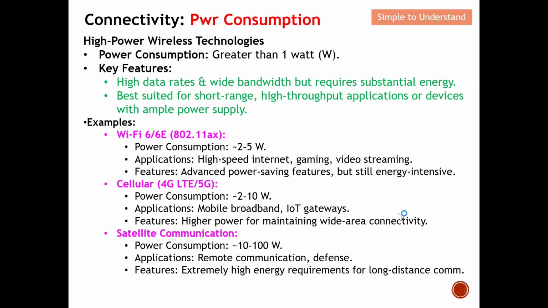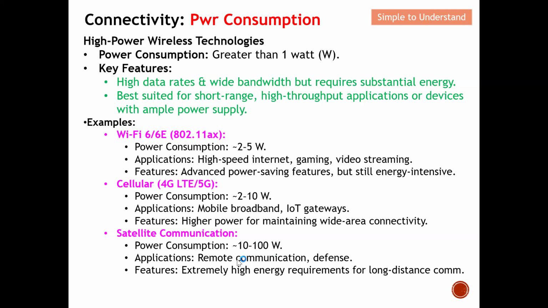Last but not least, satellite communication. Definitely satellite power consumption is probably the largest, up to 100 watts. Imagine this, we are going to transmit all the way to space. Therefore, the power that we utilize will be quite substantial. The key application will be remote communication, for example some rural countries which are not supported by base stations.